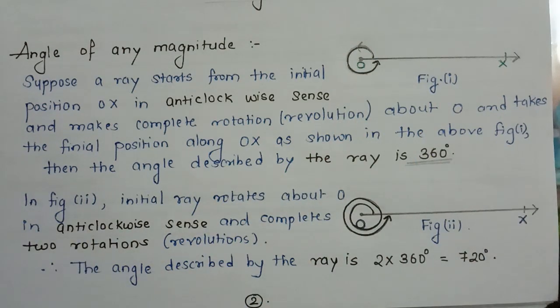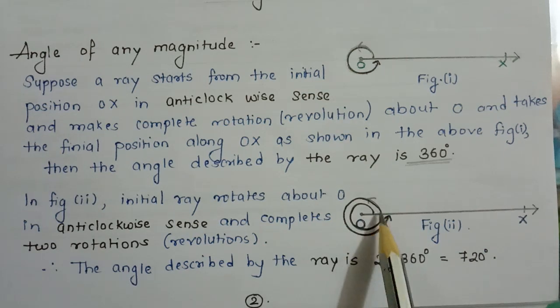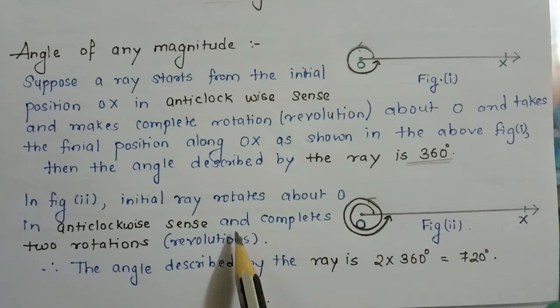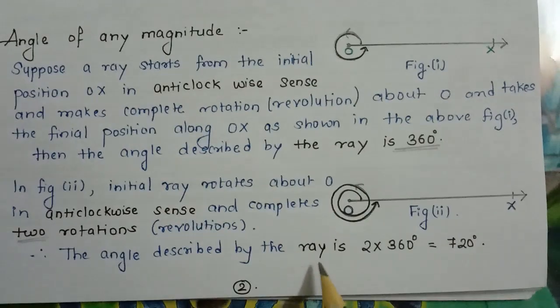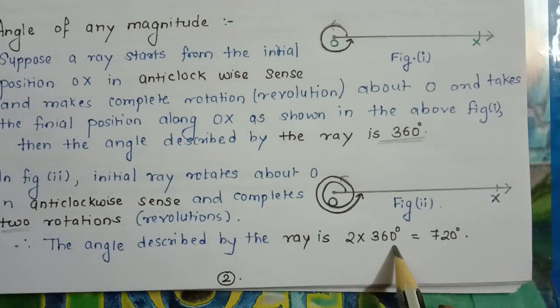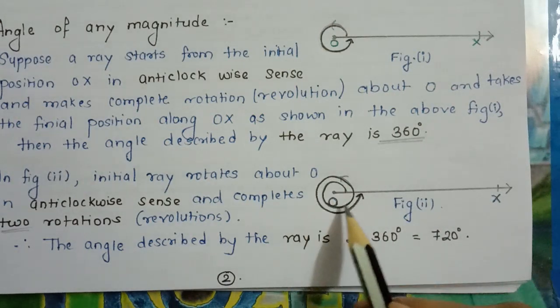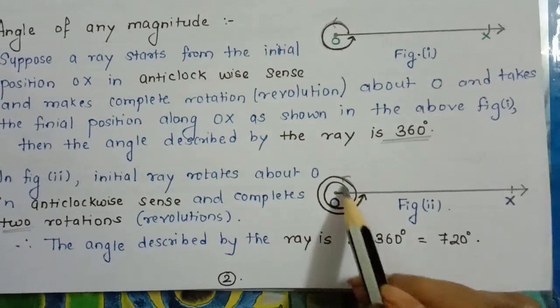Now in the second figure, the initial ray rotates about O in anti-clockwise sense. Again it is moving in an anti-clockwise sense, matlab it is moving in upward direction and then coming to down, and completes 2 rotations. Now it's making 2 rotations, correct? Then the angle described by such ray is nothing but 2 into 360, because यहाँ पे 2 बार rotation हो रहा है, यानी 2 बार circle create हो रहा है.